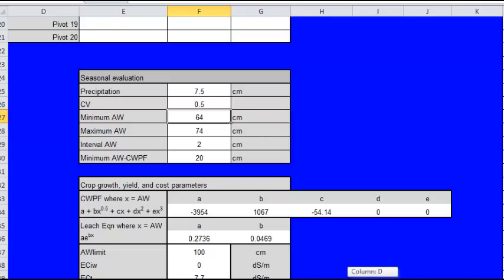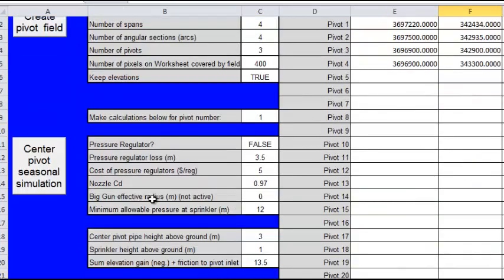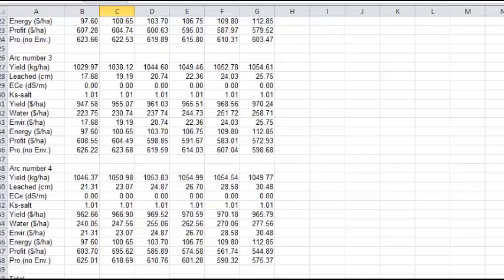And so we'll go over here to the Center Pivot Seasonal Simulation button, and we'll go back to the summary data page, and you can see that the profit has gone way up. And actually, we would want to apply less water, 603, and we're getting the same amount of yield because we have much more uniform application.